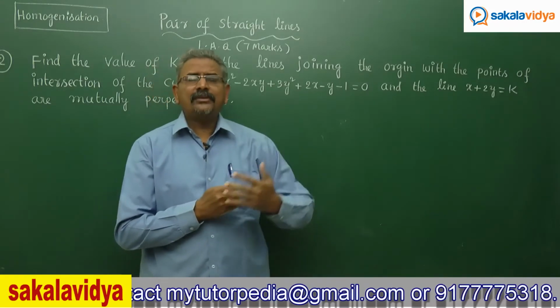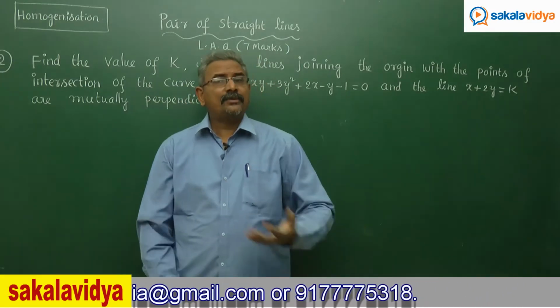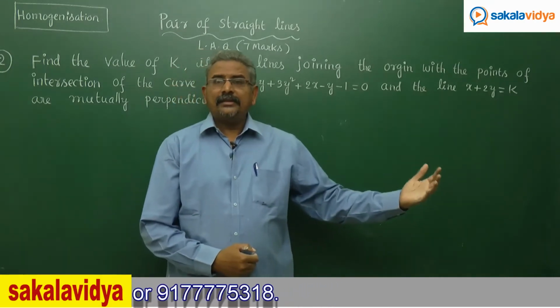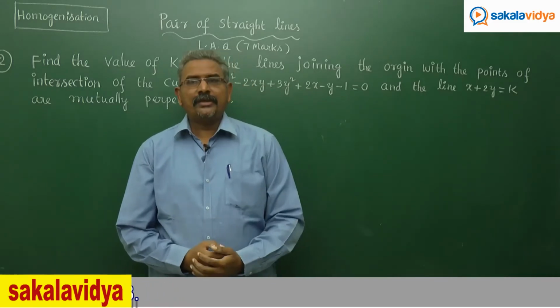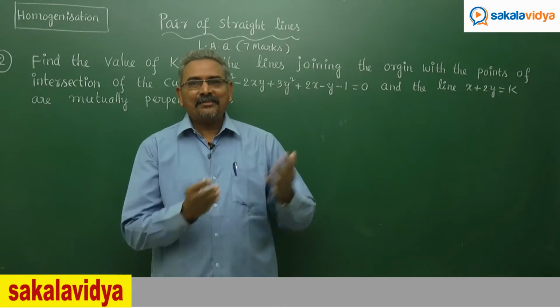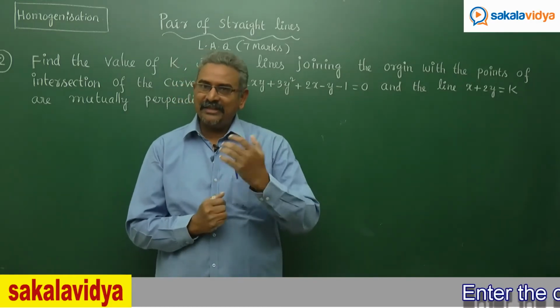We have the cos theta formula, that is modulus of a plus b by root of a minus b whole square plus 4h square. As they are perpendicular, cos 90 is 0, so mod of a plus b by root of a minus b whole square plus 4h square becomes 0. So mod of a plus b is 0, that means a plus b is equal to 0. What does a represent and what does b represent?